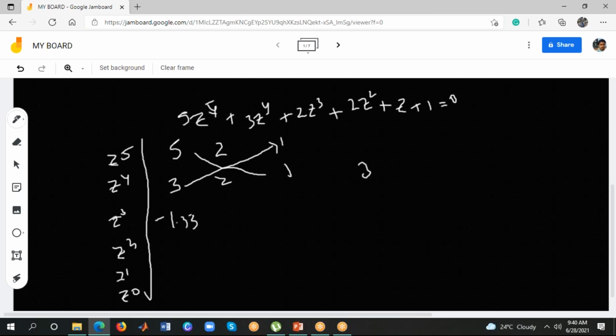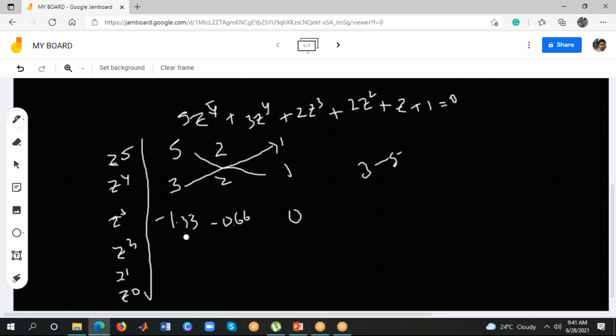Three minus 5 divided by 3, and the last term is 0, so here you will get minus 0.66.